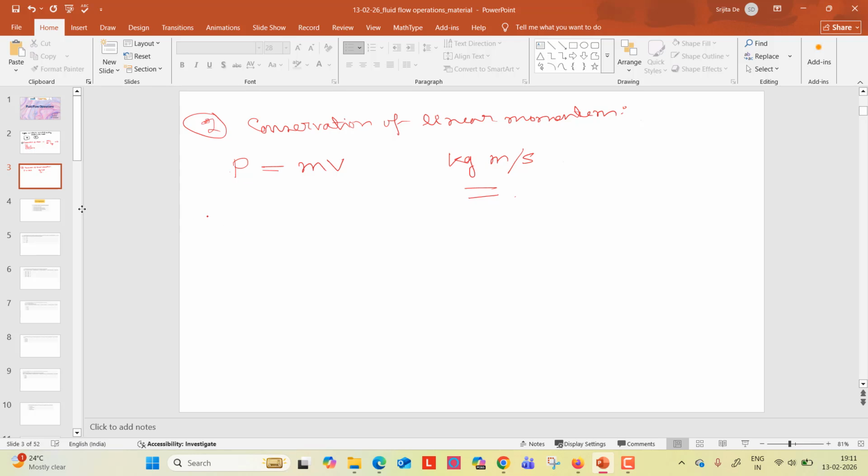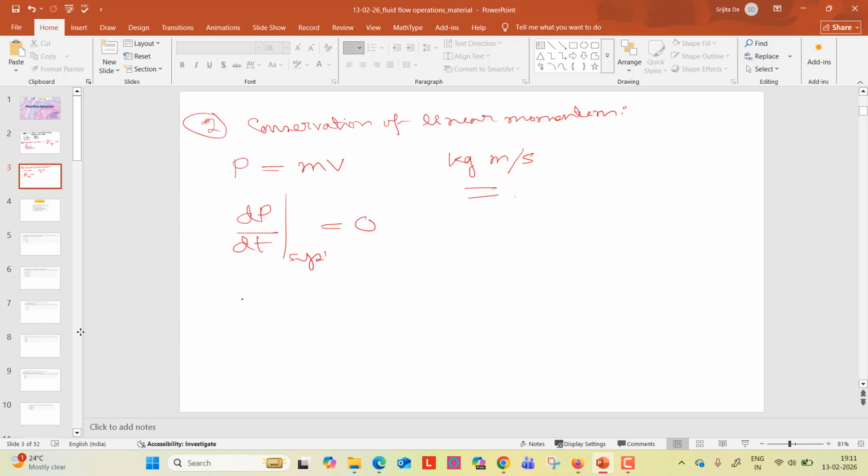So it is dp dt of this system equals 0. And what is this?